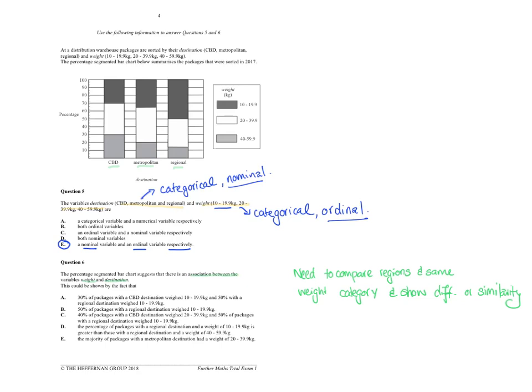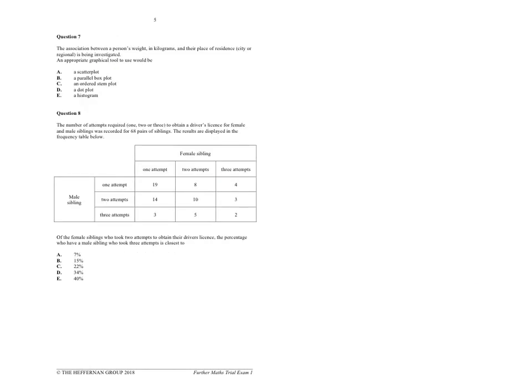If you have a look, they've compared the 10 to 19. We can see from CBD, you've got about 30%. And then when you go down to regional, there's 50%. So this is the best answer here because it's comparing that, and so therefore it's showing an association. Okay, so that's what you're looking for.